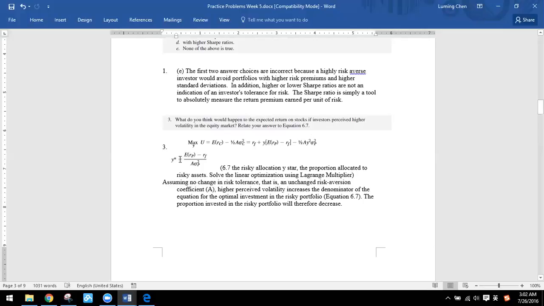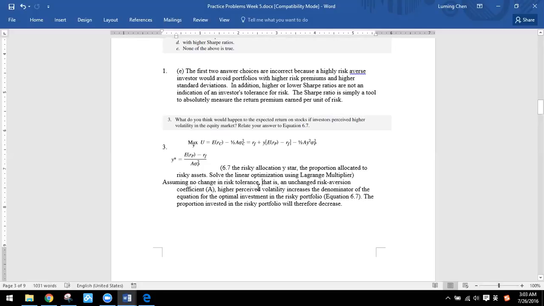If we solve this problem, we'll get the optimal risky allocation is the excess return over the variance, times A, an undetermined coefficient.